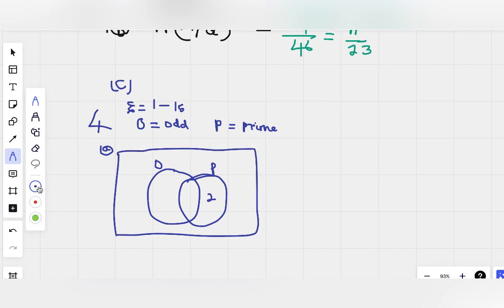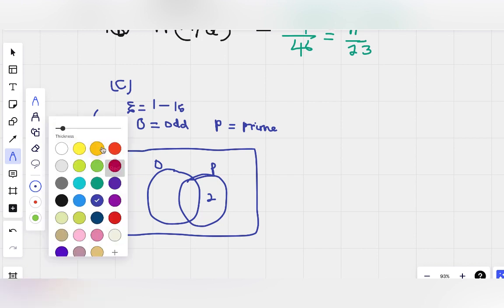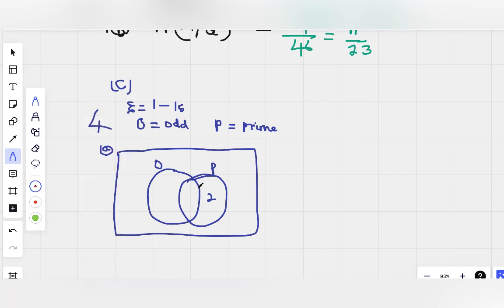Now let's list the numbers that overlap, that are between the prime numbers. You can list them out. You can write the odd numbers. What are they? Of course, odd numbers are 1, 3, 5, 7.